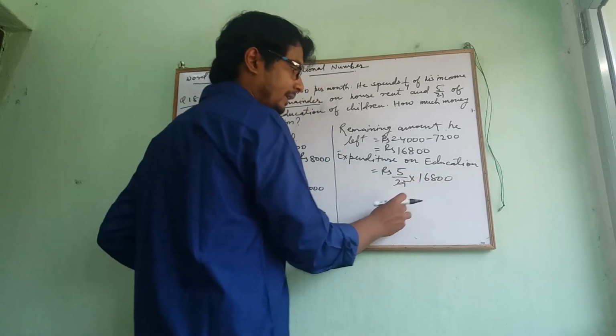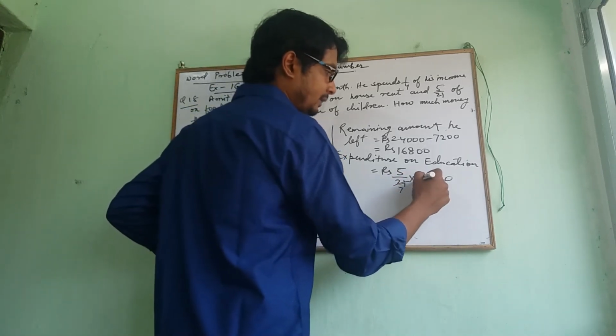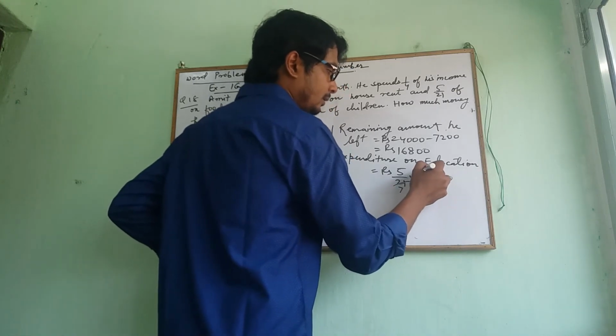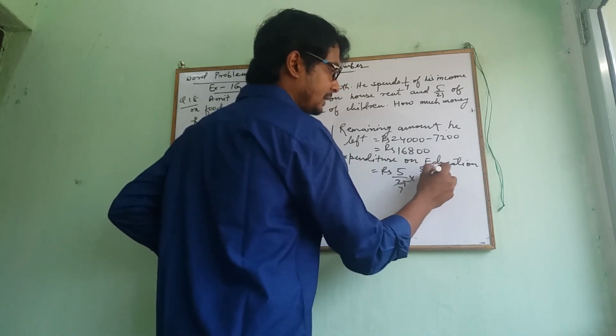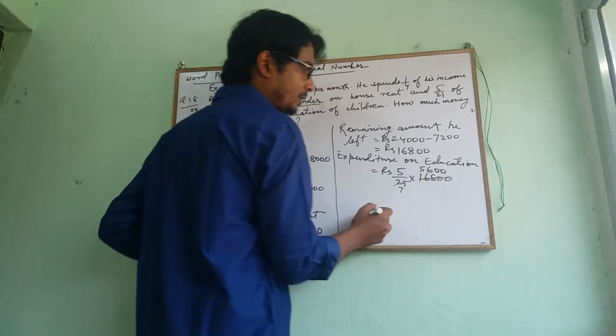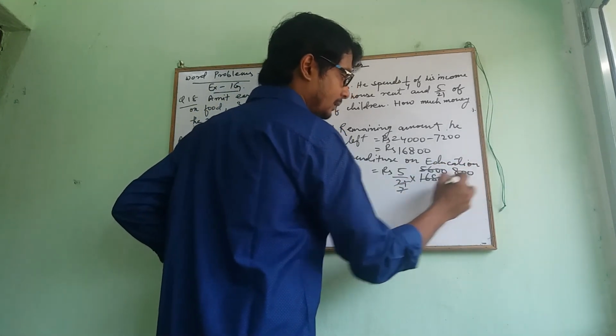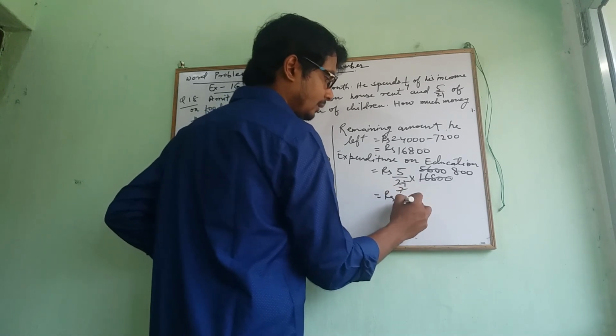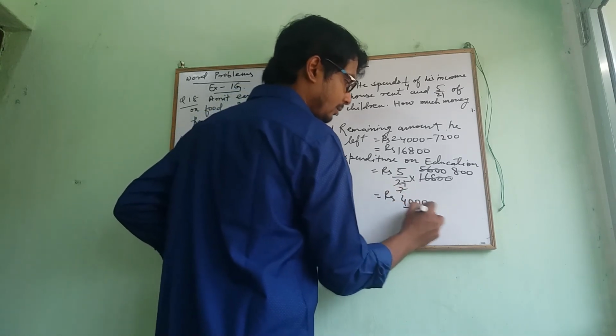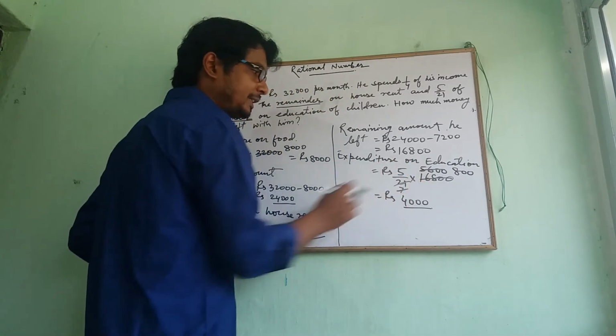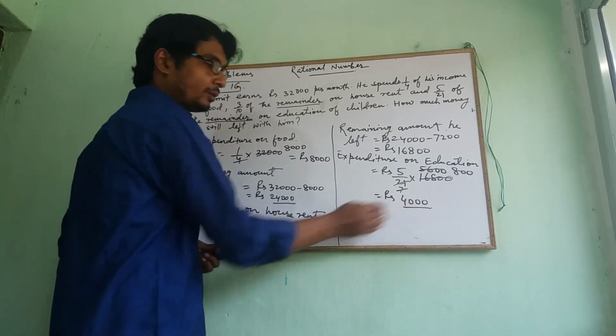So I have to divide it. So 3 7s are 21. Here you can make 3 5s are 15, 3 6s are 0 0. 7 8s are 56. So my remaining amount is 4,000. So expenditure on education is 4,000.